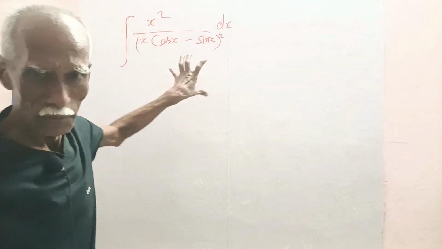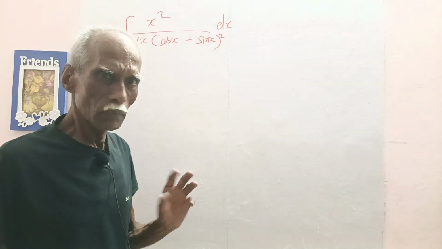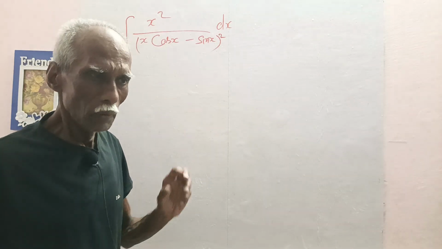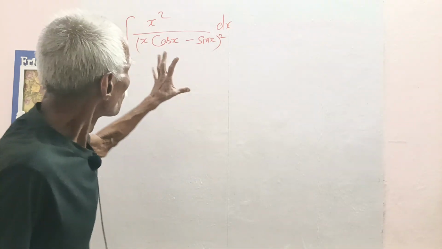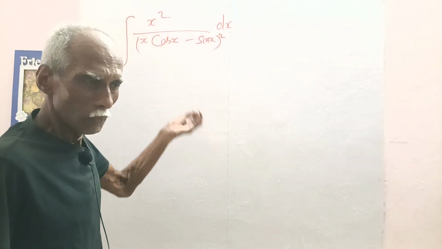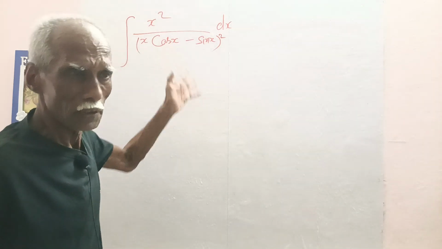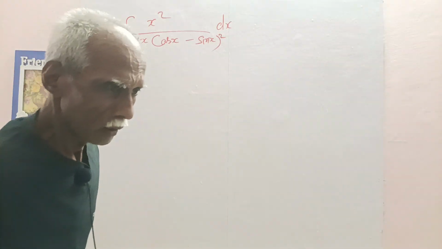In integrals, the indefinite integral, sometimes we take a number to solve the sums. That means that number should be added or subtracted, multiplied, or by that number we divide numerator and denominator, then we start doing.